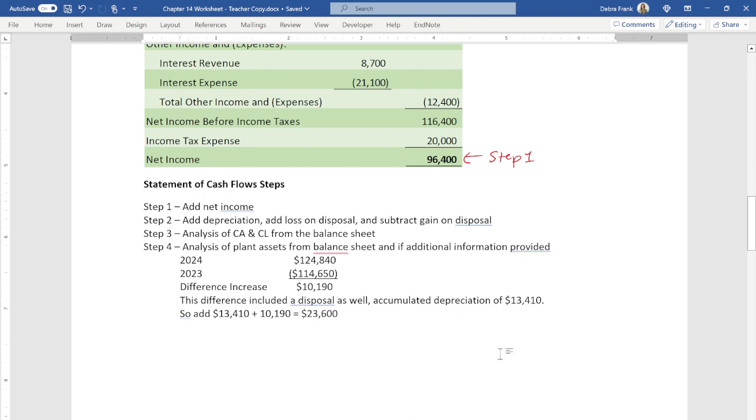If we were to analyze that, we could say an increase in that fixed asset, and then cash would be the credit if we wanted to analyze that way. But we used more cash. All right, so let's go ahead and do that analysis in our investing section of the statement of cash flows.